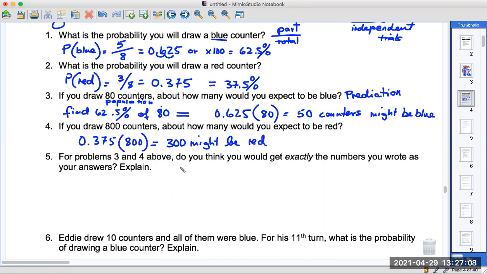For problems 3 and 4 above, do you think you would get exactly the numbers you wrote as in your answers? No, because that's why I wrote might. That's called theoretical probability.